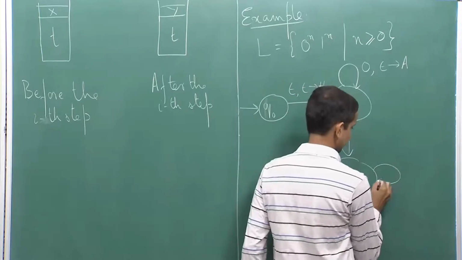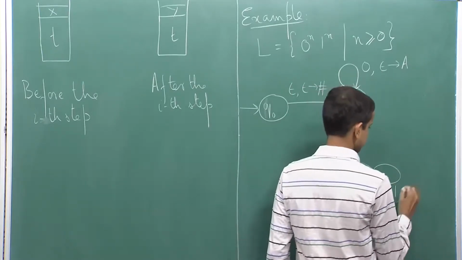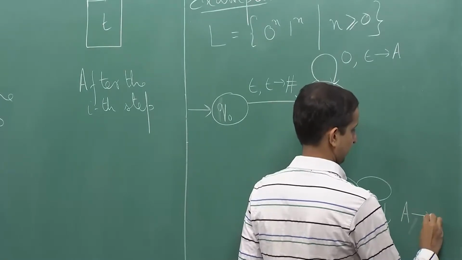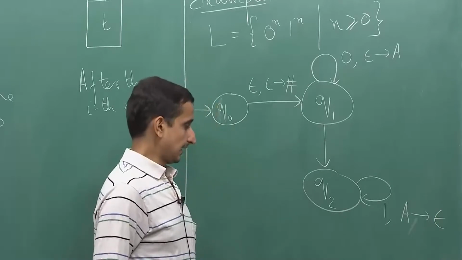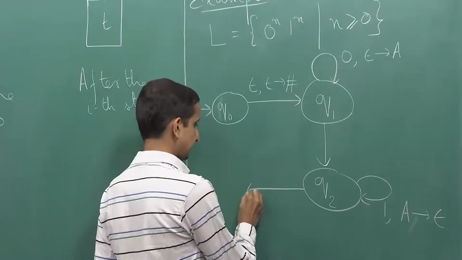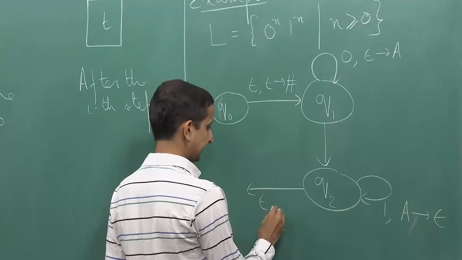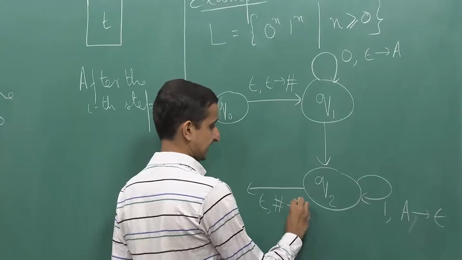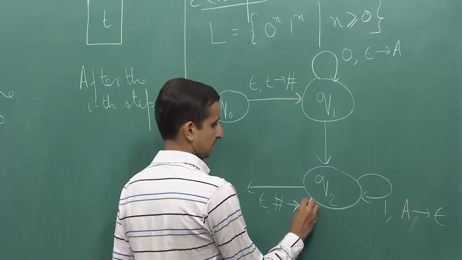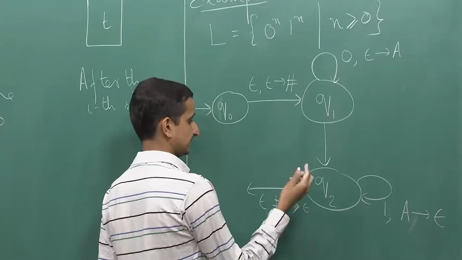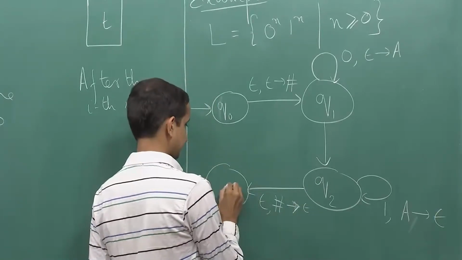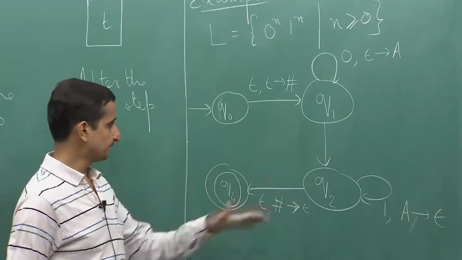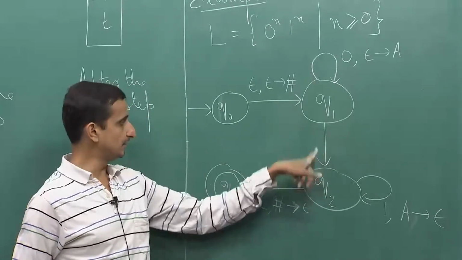On Q2, if I see a 1, I will pop out A, and then finally, again without reading anything, I will check if the last symbol is a hash. If it is a hash, I just pop it out, it does not matter, and I reach a state Q4, which is also my accept state. Now the only thing needed is to label this transition.